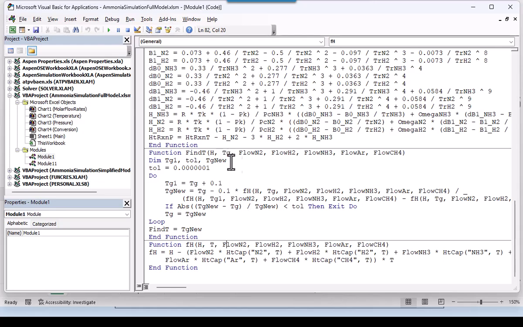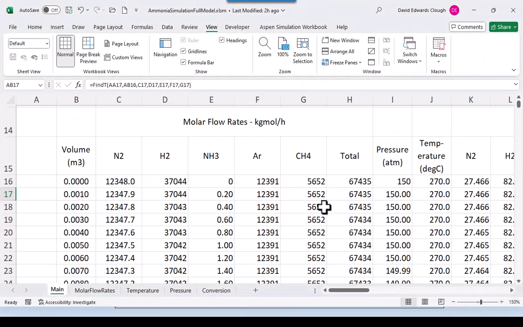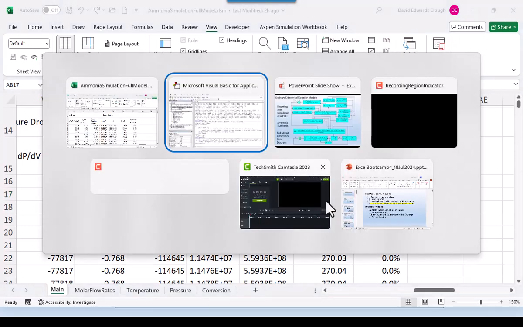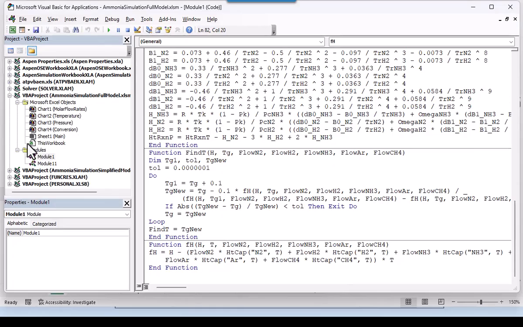And this finds the correct temperature, and it converges that, and then it returns that temperature over here to this particular cell, all right? So that is that part of VBA.